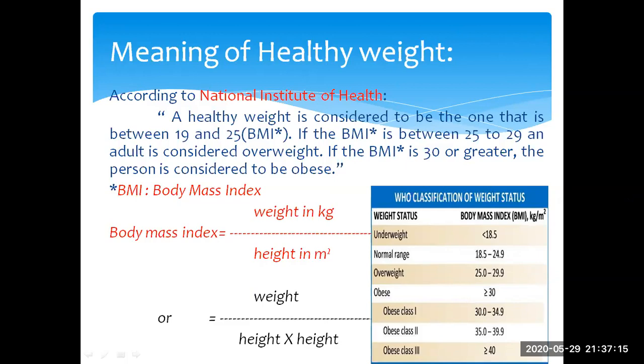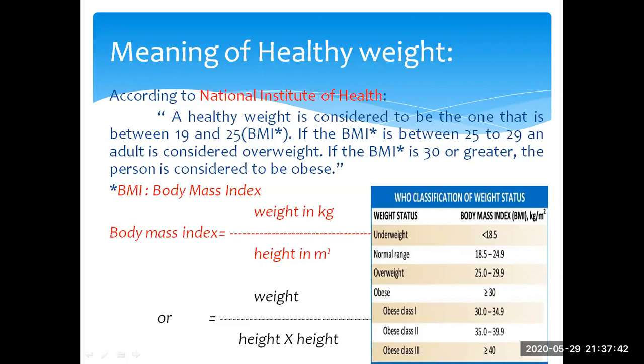So according to the WHO, World Health Organization classification, any individual having a BMI less than 18.5 is considered to be underweight. If the BMI is 18.5 to 24.9, then that individual will be regarded as normal.